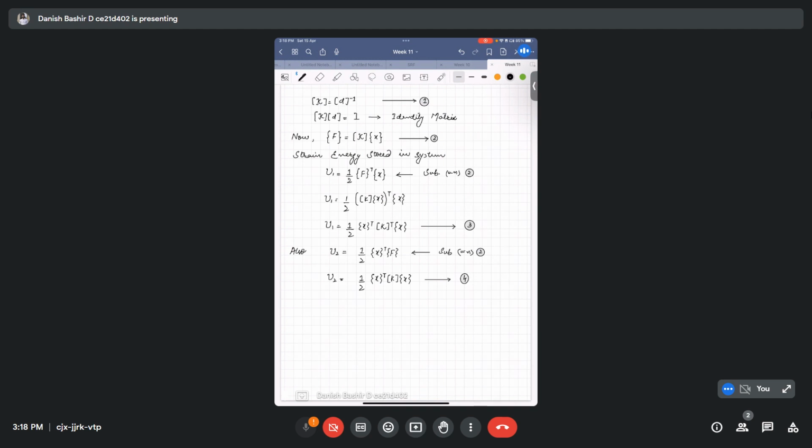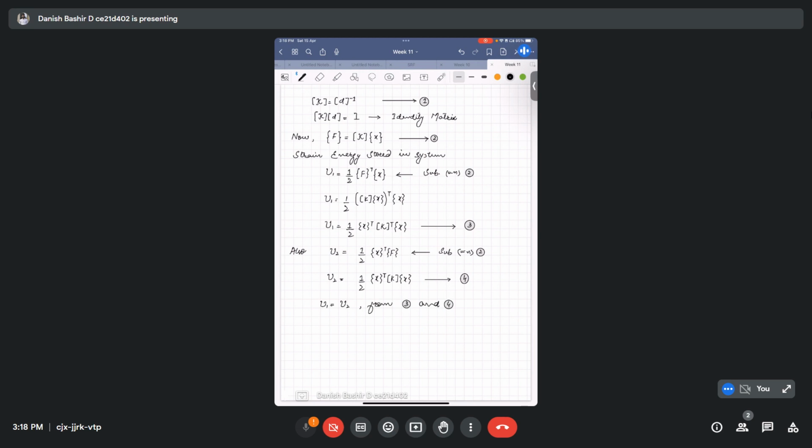Since we are writing strain energy in two different ways, one half of Fx and another one half of xF, ultimately it is not going to change the final value of the strain energy. So U1 will equal U2, from equations three and four.